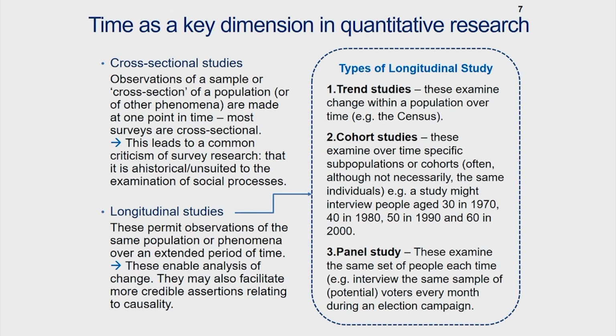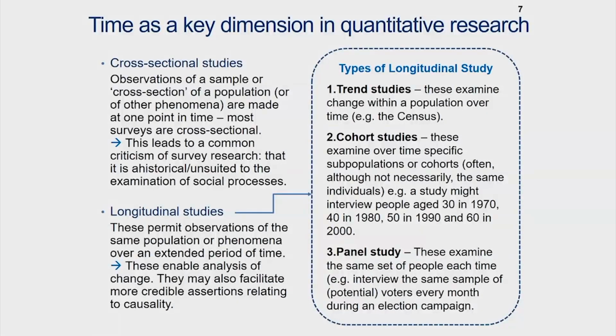So, under cross sectional studies, what we do is observations of a sample or cross section of a population are made at one point in time, and most surveys usually use cross section data. Some of the limitations of survey data making use of cross section data come from the fact that it is pointed out that social processes, social phenomena are not best explained with the help of cross section data.